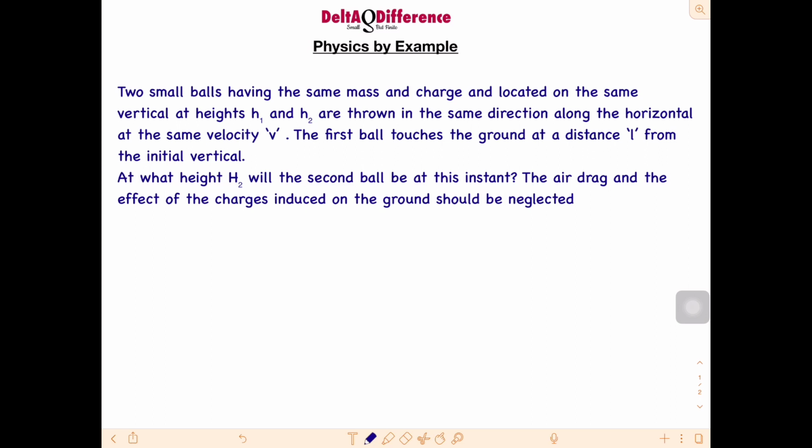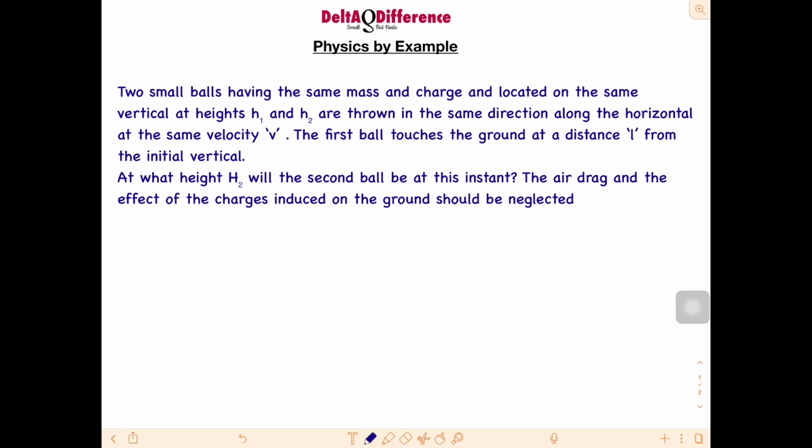This is a problem from which we can learn almost everything about center of mass. Let us first visualize and picture the problem.